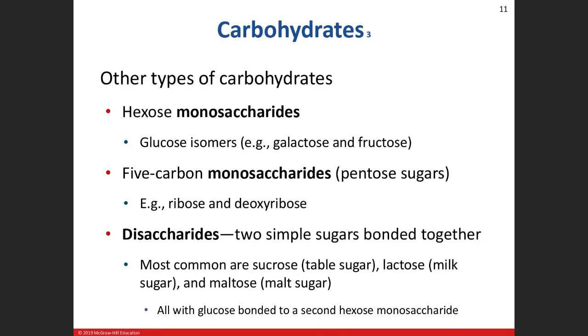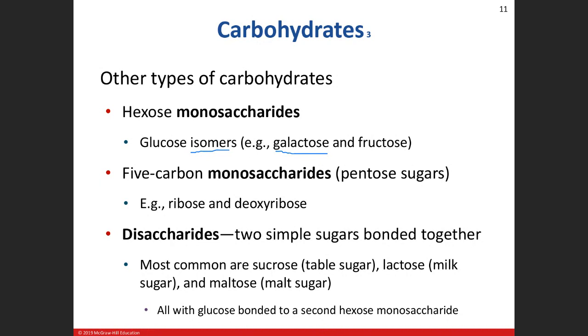So, a couple other types of carbohydrates. We talked about galactose and fructose. Those are the other isomers. If you don't remember what an isomer is, I'll use the example of glucose. Galactose and fructose are isomers of glucose. They have the exact same number of carbon, hydrogen, and oxygen atoms; they're just arranged differently.